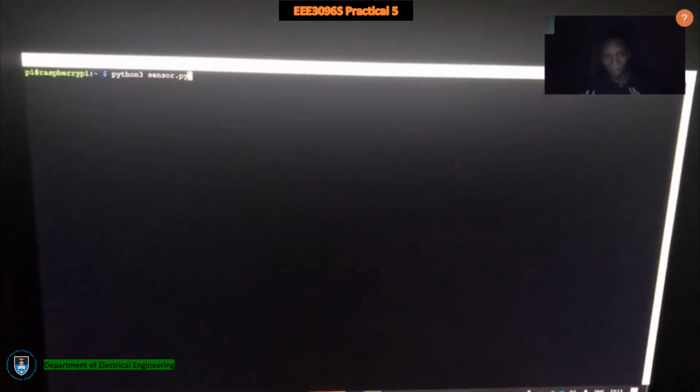Okay, so as you can see, I have already SSH'd into PuTTY. I'll simply say python3 sensor.py. Everything is connected correctly, and now we are going to see the changes in the light intensity variation.